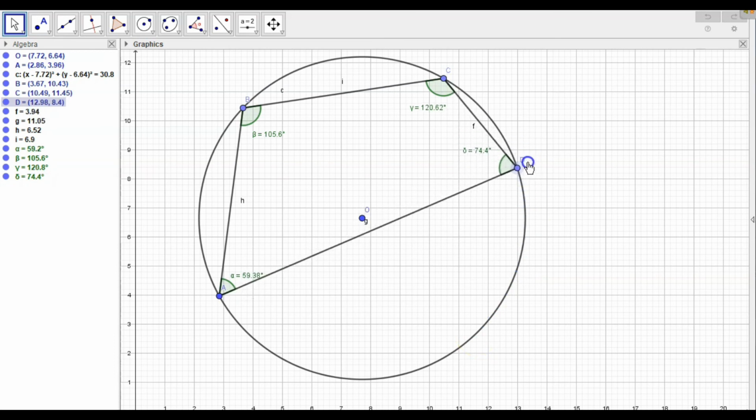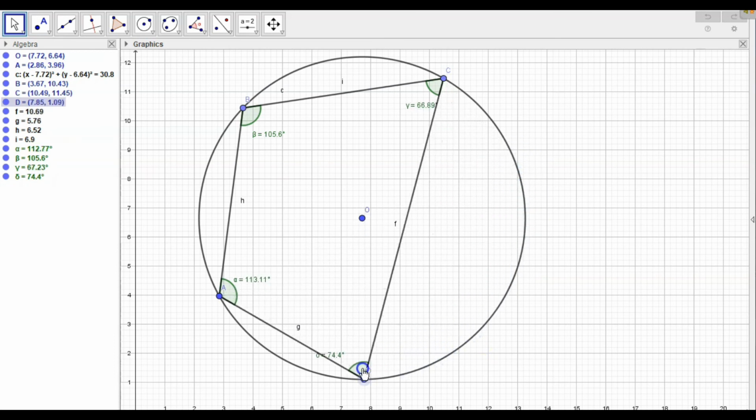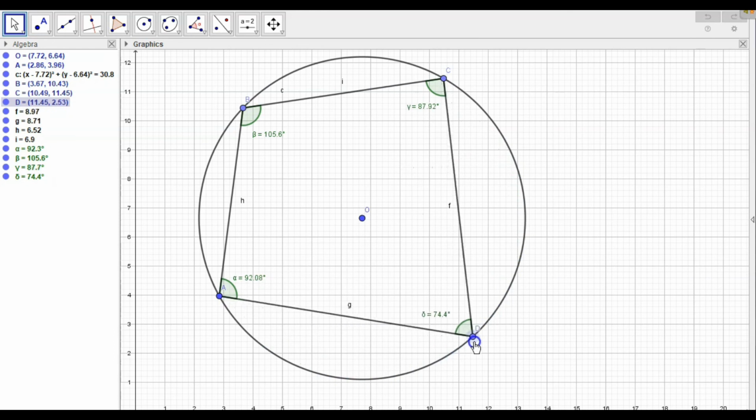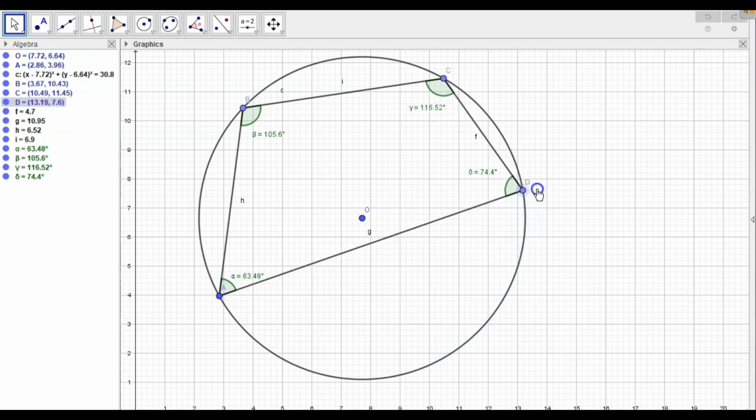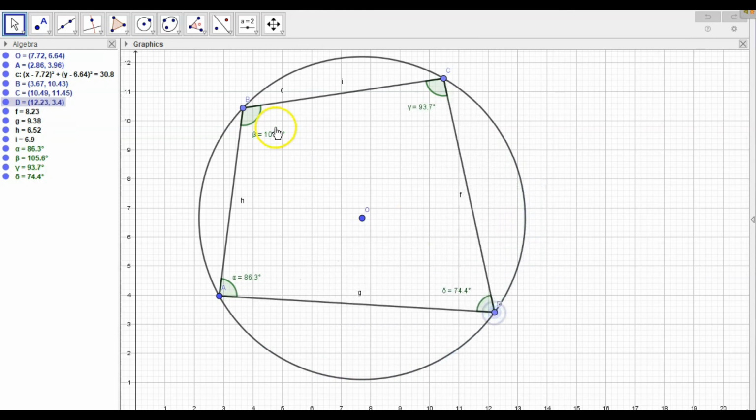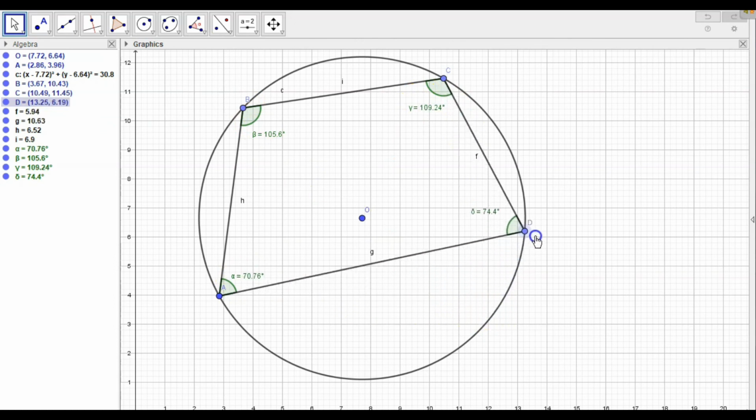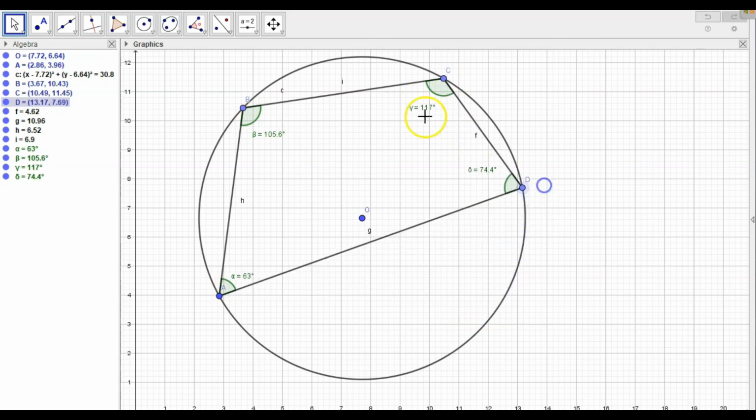You realize that the angle D does not change. It's the same value, 74.4 degrees. And the value of B does not change. But you realize that those of gamma and alpha were changing. But even though they did change, you had gamma being 117 degrees and alpha being 63 degrees.